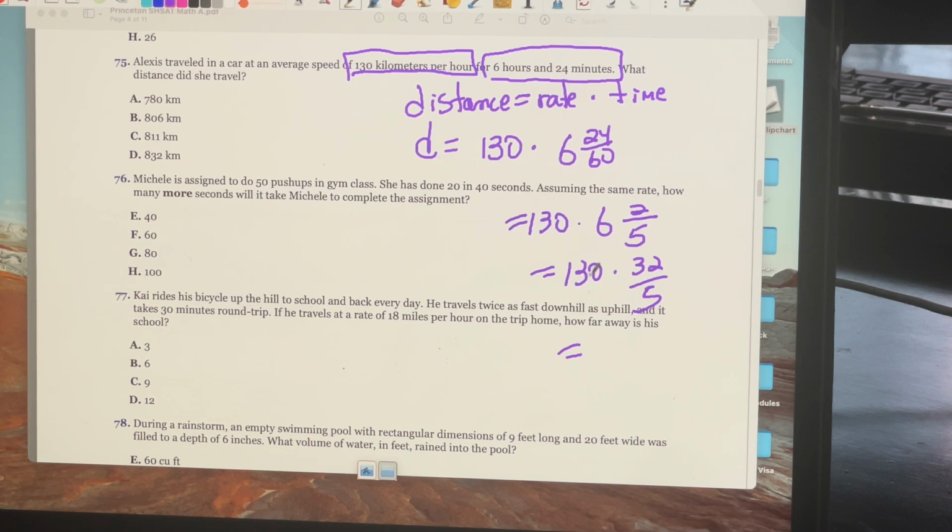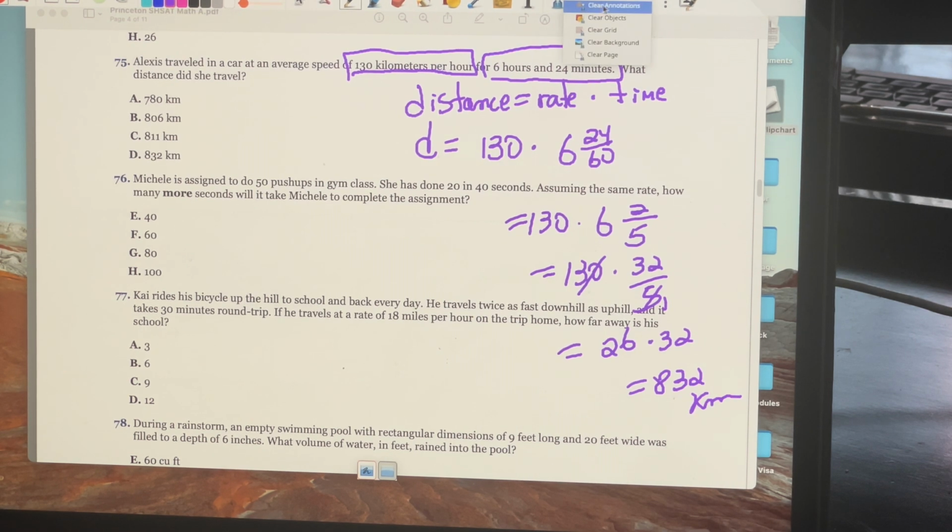Can we simplify 130 and 5? 5 goes into 130, 26 times. So 26 times 32 is 832. So the distance traveled is 832 kilometers.